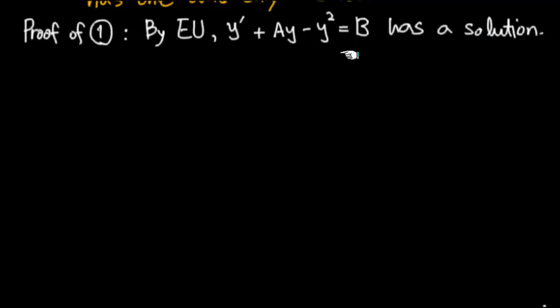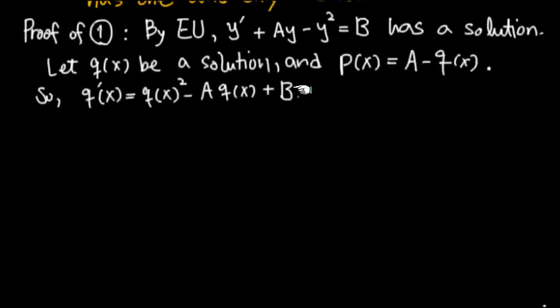You can put any initial condition, y(a) equals 1 or 0, whatever number you put in there, and there will be a solution. That's the existence and uniqueness theorem. And q(x) exists, therefore that's the solution, and p(x) under that statement is defined like this, a minus q(x).